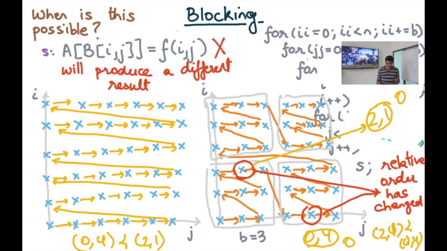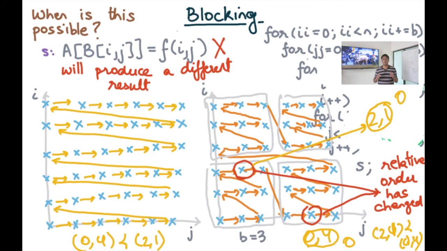Then both of them are going to be writing to A of 0. And so the relative order matters, because if 0, 4 executes before 2, 1, I'm going to be writing a different value, and the eventual value of A of 0 would be different from if the order was reversed. And so it is not always okay to do blocking. Here's a concrete example where it's not okay to do blocking.